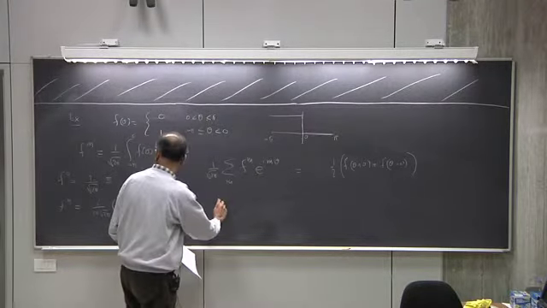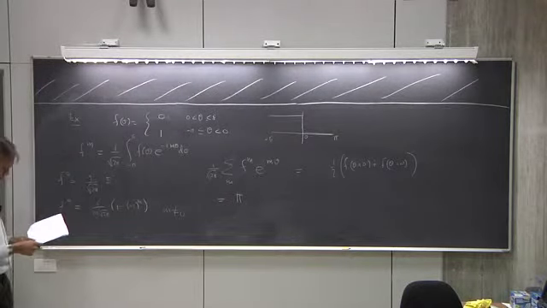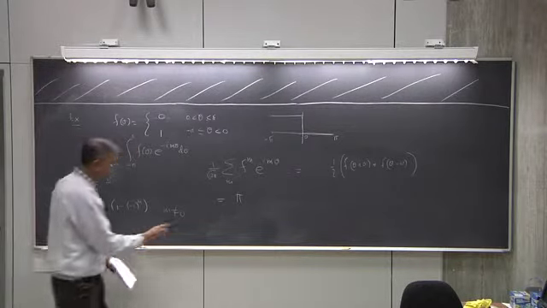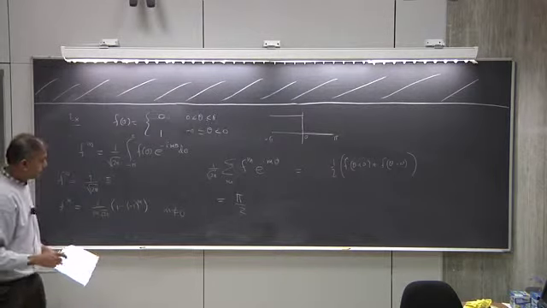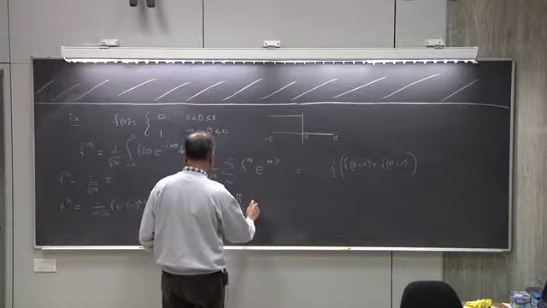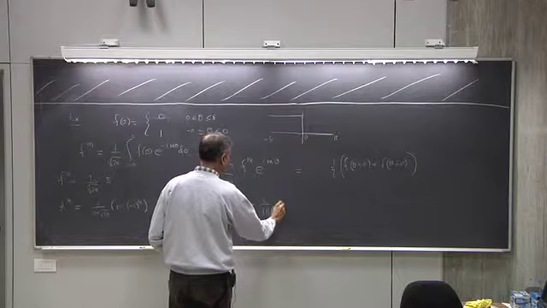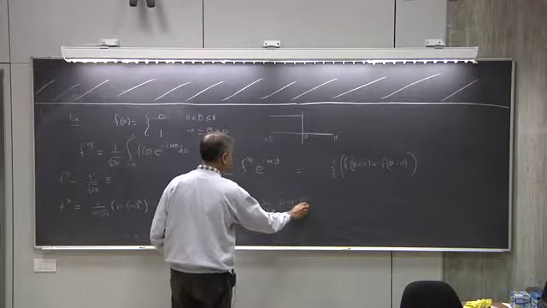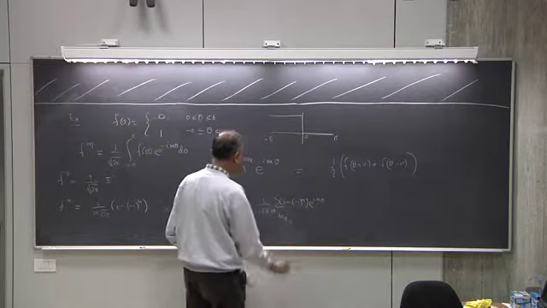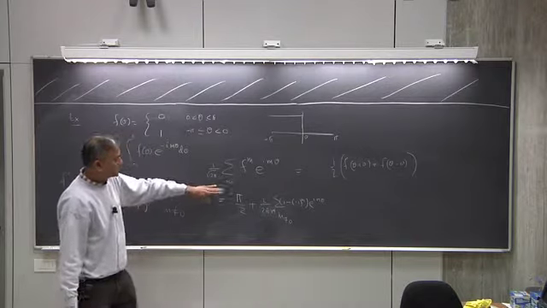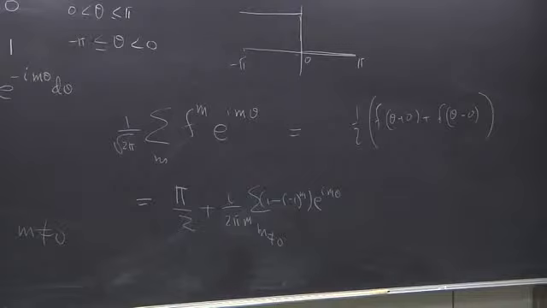So you can see that this object is pi times 1 over root 2 pi, so pi by 2, plus all of this, which is plus i over 2 pi m times 1 minus minus 1 to the m e to the i m theta, summed over m not equal to 0. So this is the left hand side. The question is whether this gives you back that answer, and indeed we checked.